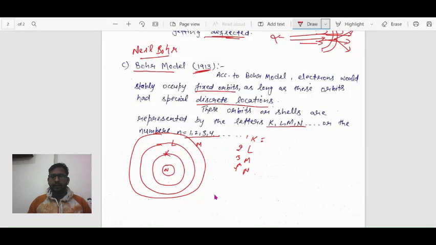He also tells about the electronic configuration. For example, take fluorine: 19 is its atomic mass and 9 is its atomic number.